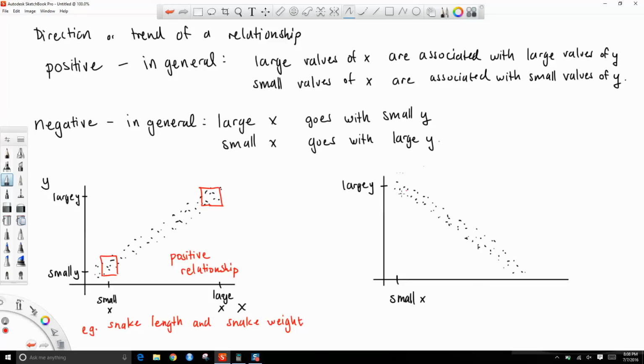So small values of x, and we look at where the data is for the small values of x, we see that they're associated with the large values of y. And the large values of x are associated with the small values of y. Okay, so here we have a negative relationship.